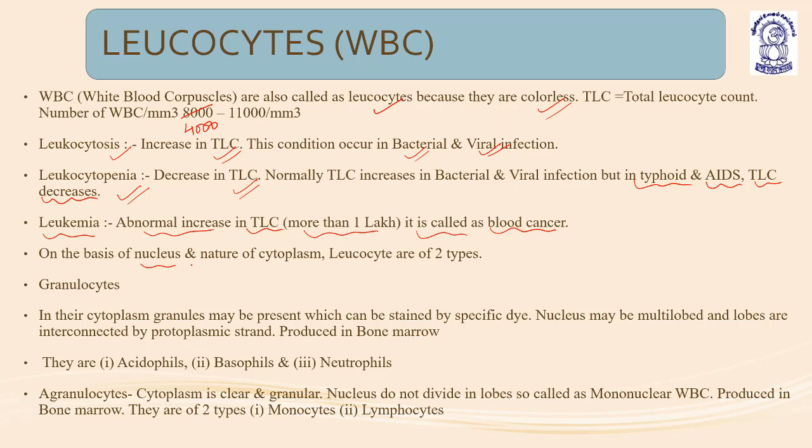On the basis of nucleus and nature of cytoplasm, leukocytes are of two types. Granulocytes have granules in their cytoplasm which can be stained by specific dye. The nucleus may be multi-lobed, with lobes interconnected by protoplasmic strands, and they are all produced in bone marrow.